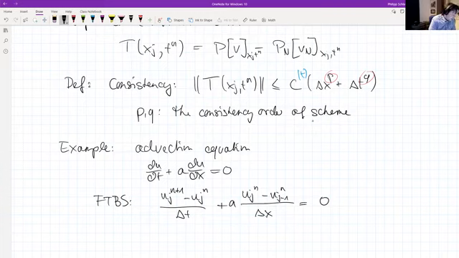And now what we would like to show is the consistency between these two equations. So the consistency between the partial differential equation and the discretization.